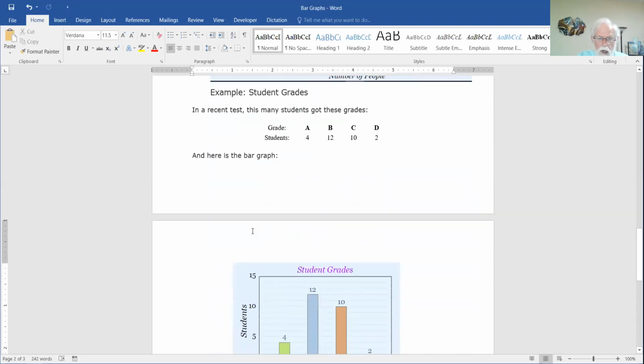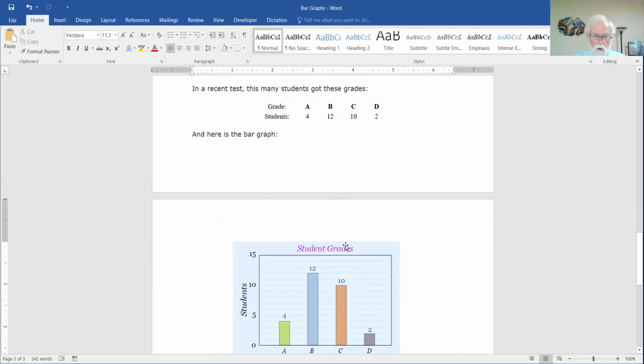Going back and looking at grades, we have students in a class who got the following distribution of grades. 4 got an A, 12 a B, 10 a C, 2 a D. So we go down here and we can plot these out and make it very clear that the largest number of grades was the B. So the B and C dominate.